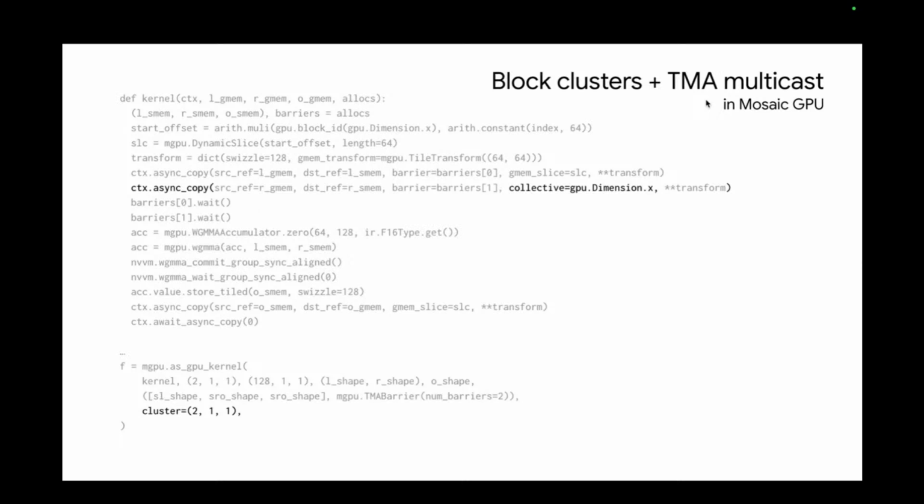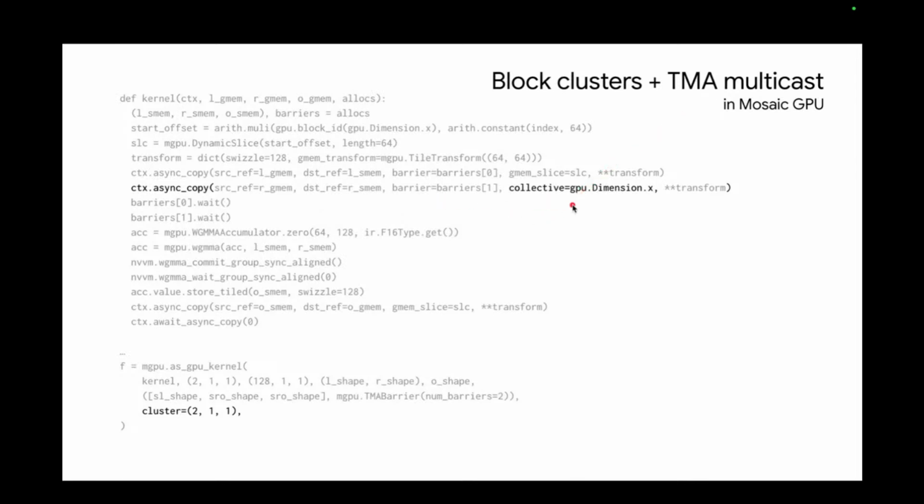Which if you think about it is kind of mind-blowing because blocks were always supposed to be this unit of parallel work that do not really talk to each other. But now one block can say, oh yeah, I want to copy this piece of data and by the way, write it also into the memory of the other block, right? And so it's kind of a weird thing to program.